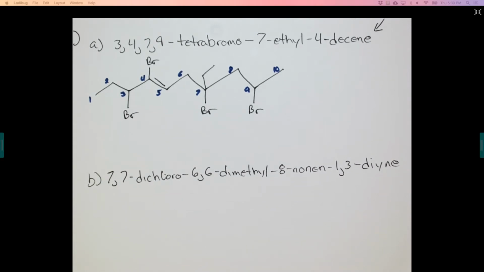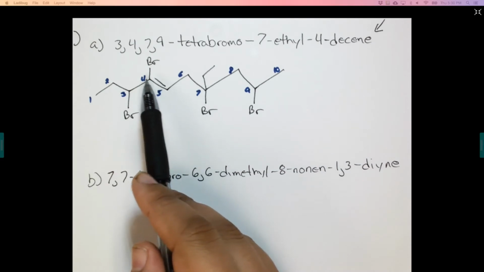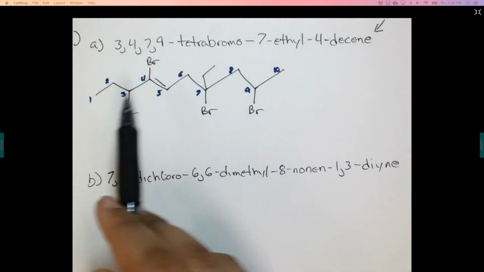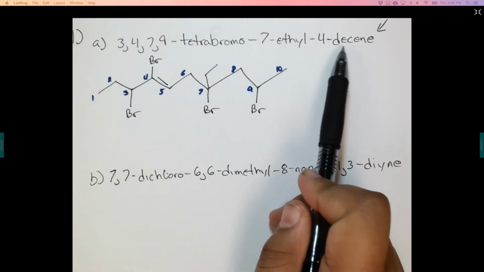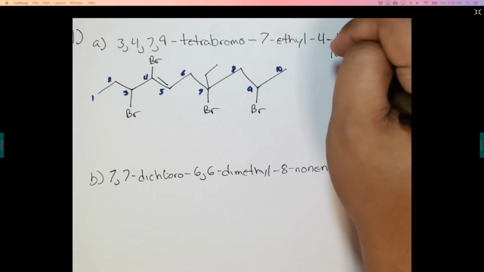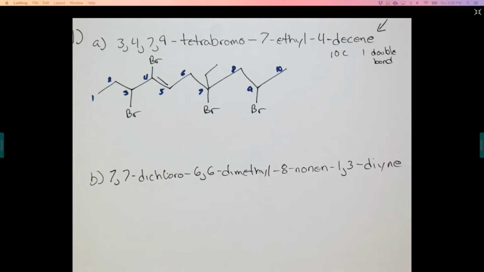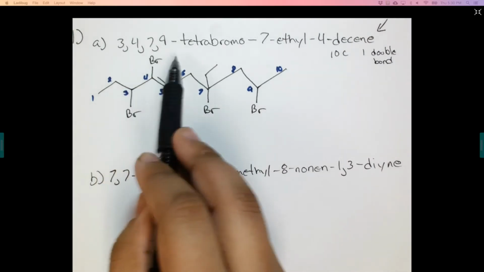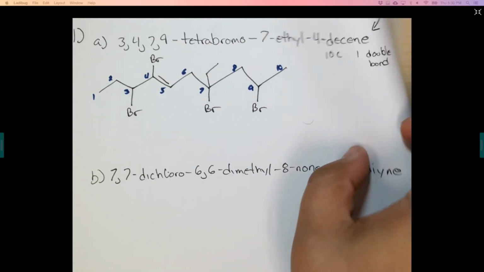If we numbered it from the opposite direction, the double bond would not have the lowest number, and it would be incorrect. So again, 10 carbons, 1 double bond, and then our substituents as a function of the number of the carbon that they're at.